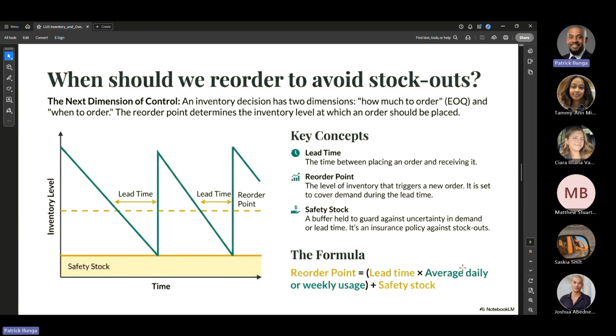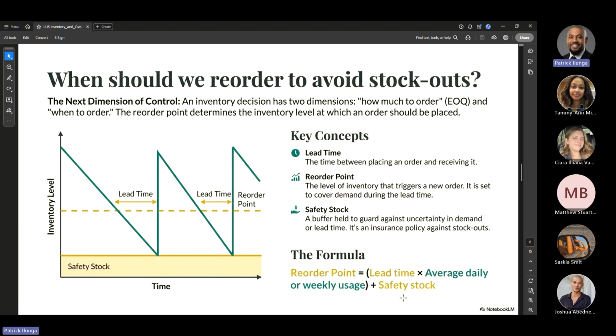So you need to take that into account. Lead time multiplied by the average usage. Let's say you are using 20 units per week. That's your usage. You have 4 weeks lead time. 4 multiplied by 20 gives you 80.